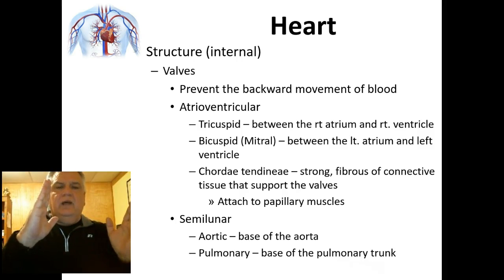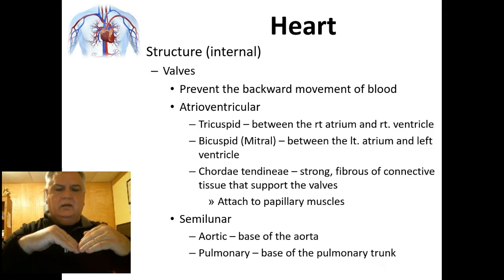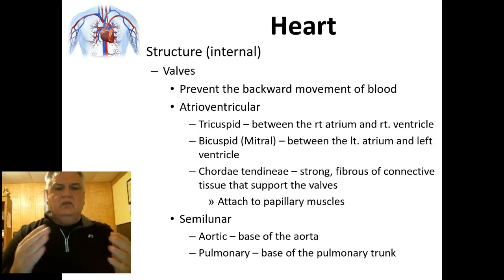But when the ventricle relaxes and the pressure drops, the weight of the blood would have a tendency to cause it to fall back into the heart. But the aortic semilunar valve, as the blood hits it, snaps shut and prevents the blood from going back down into the ventricle. The same thing happens with the pulmonic semilunar valve.